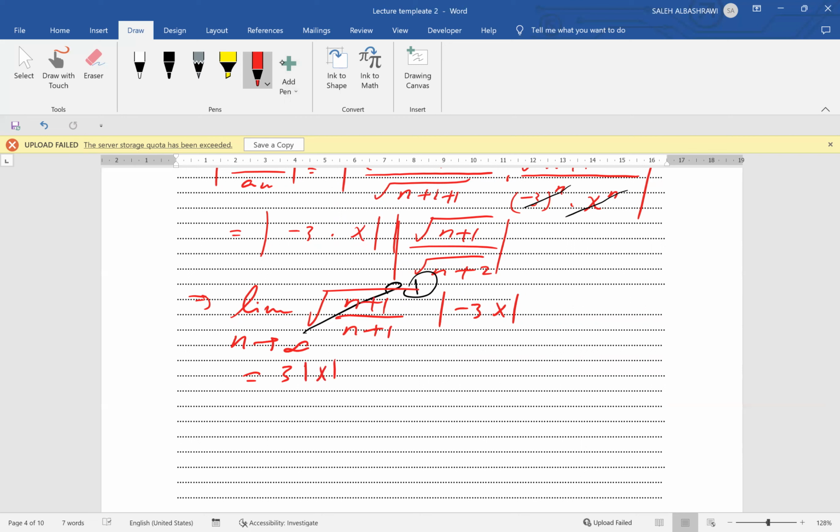Now by the ratio test, this is convergent if it is less than 1, which means the absolute value of x will be less than 1/3. So 1/3 is my radius of convergence. So r is equal to 1/3. This is the radius of convergence.